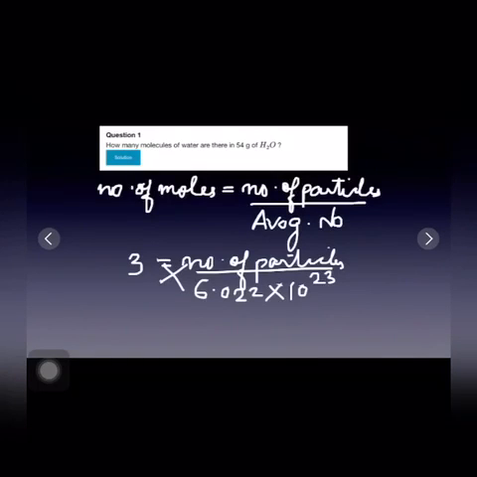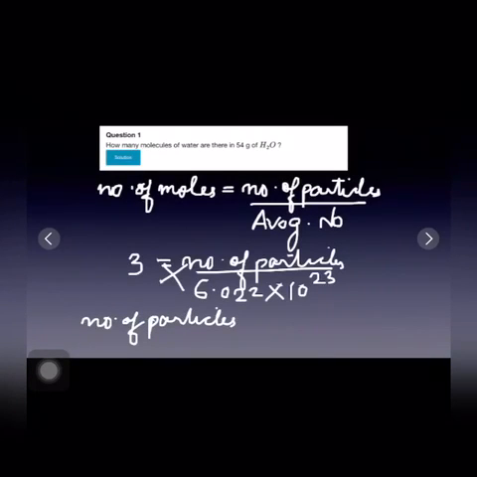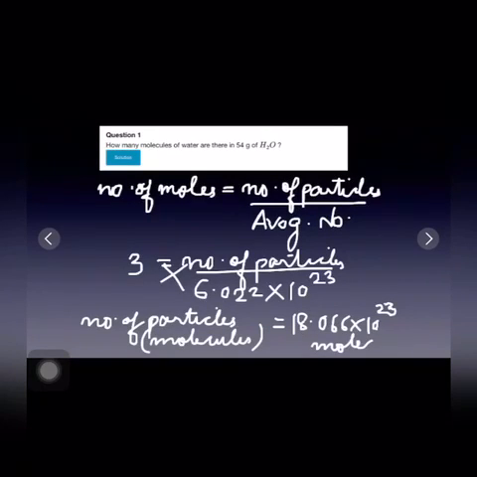Cross multiply and we get number of particles, in bracket you can write here molecules, as 18.066 into 10 raised to the power 23 molecules. So this is the answer.